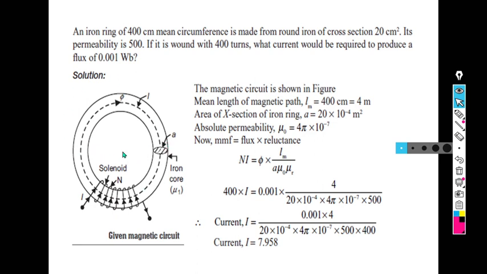The mean circumference is the length of the iron ring, so you can take this, but you have to convert it to meters. The iron cross-section area is also given, and its permeability is also given, 500. If it is wound with 400 turns, what current would be required? It is easy: Ni is equal to phi into S. S you can find, and from this you can find that I is equal to 7.958. So you can try to solve it.